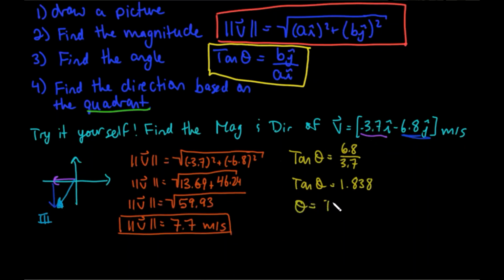To get my theta, I do tan negative 1, the inverse tan of 1.838. And I get an angle of 61.5 degrees.